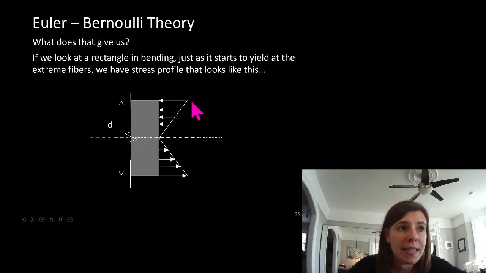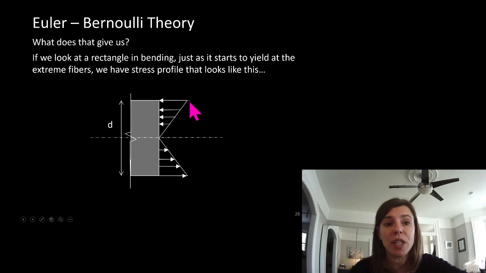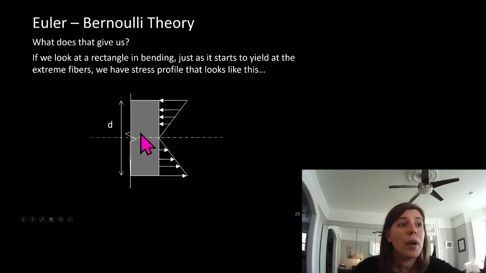Or what I'm saying is, if this point right here and this point right here are the maximum elastic stress we can see, so if it's a brittle material, that's the ultimate stress, and if it's a plastic material, it's the yield stress. So that point right there, just where we're about to fail this thing or switch into plastic behavior, we have a stress profile that looks like this.